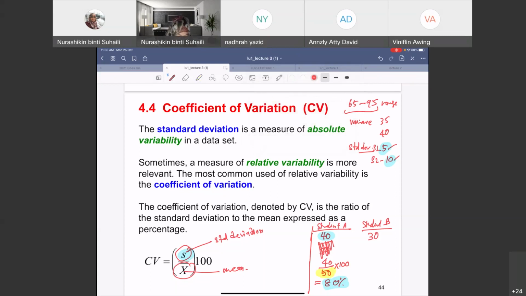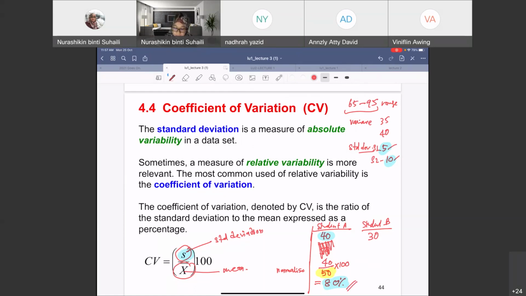It's not mentioned here, but normalizing is something common in statistics or maths. We normalize the value over something, then we know what it actually is. The same thing applies here. CV is the standard deviation as a percentage of the mean.